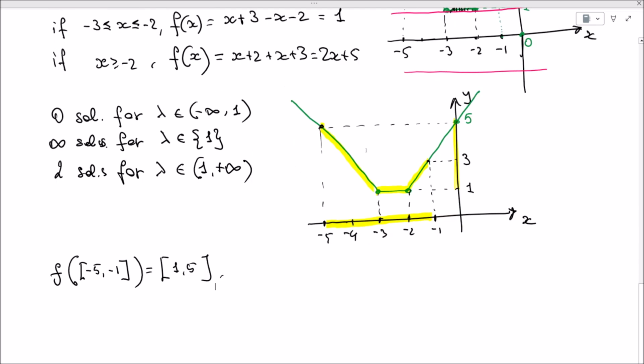Similarly, we could find the pre-image of an interval like [-5, 1], for example. Okay, so that means that we are considering now from -5 to 1.